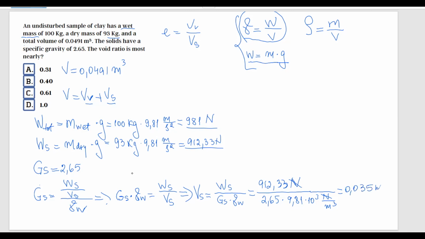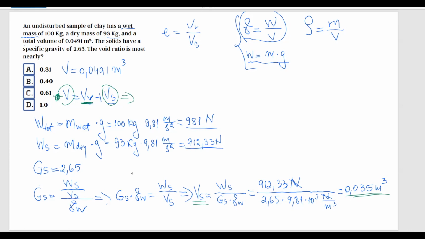If you do the math here, you should get that the volume of solids is equal to 0.035 meters cubed. Perfect. So now with the volume of solids known, we can come back to the formula where we wrote that total volume equals volume of voids plus volume of solids. We know the total volume, we know now the volume of solids, so we can calculate the volume of voids.